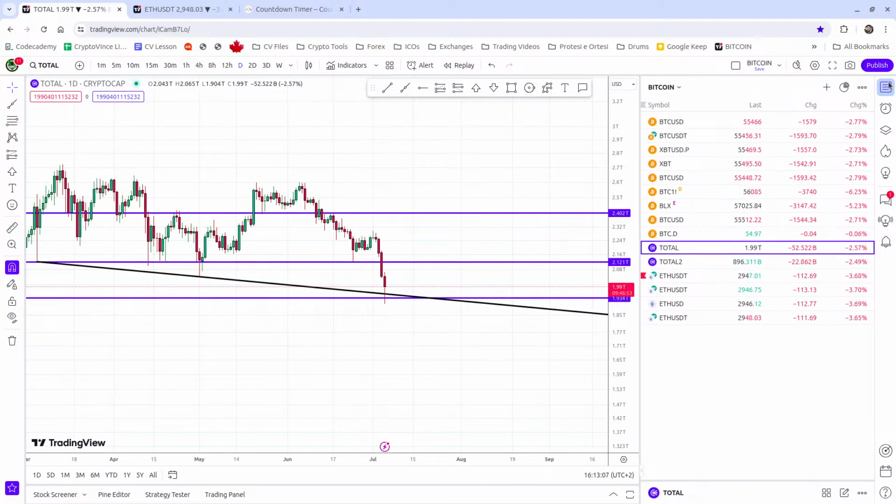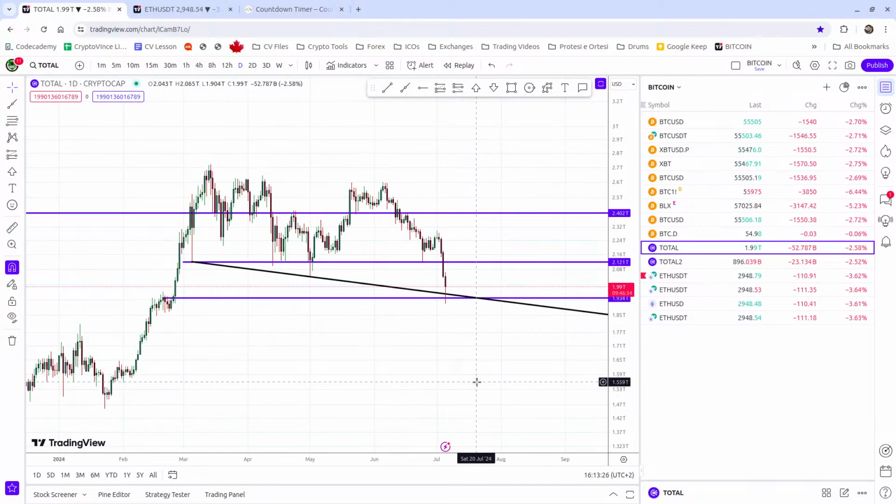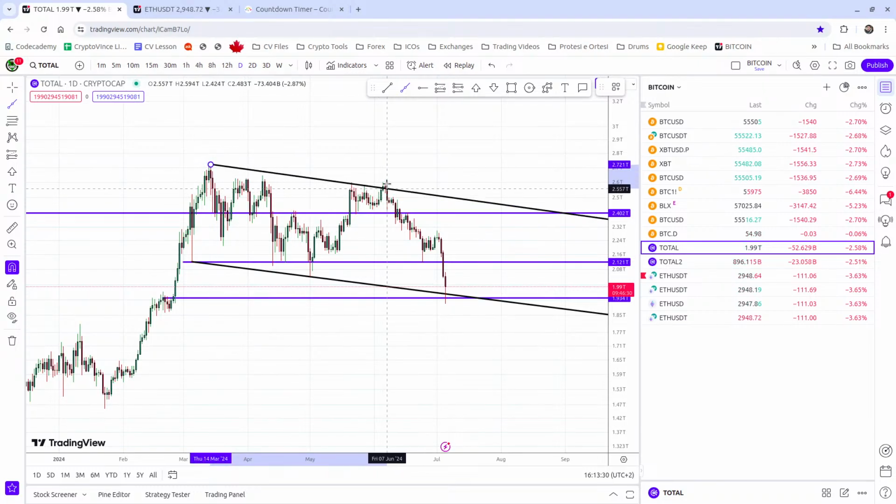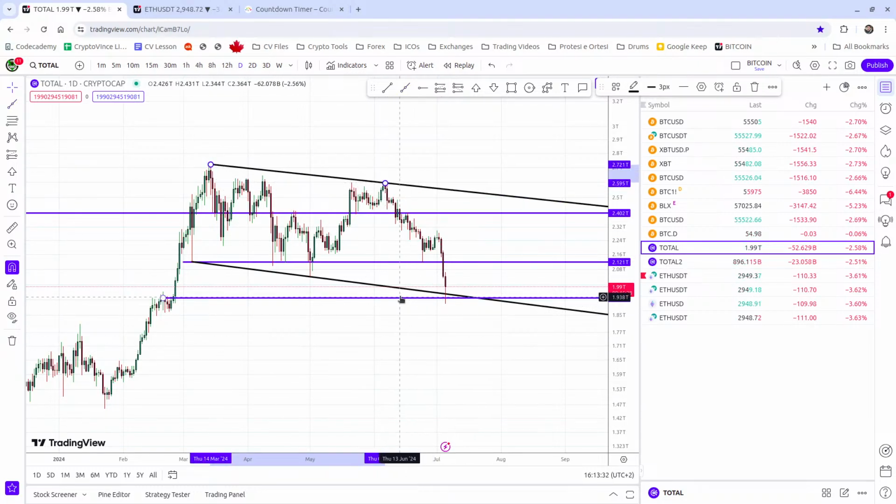Anyway, I think we have seen all kind of levels and different possibilities for Bitcoin and Ethereum. And the total market cap, we have checked all other coins too, Solana and BNB, just to see what the major coins are doing too. Man, this could be a bull flag, eh?